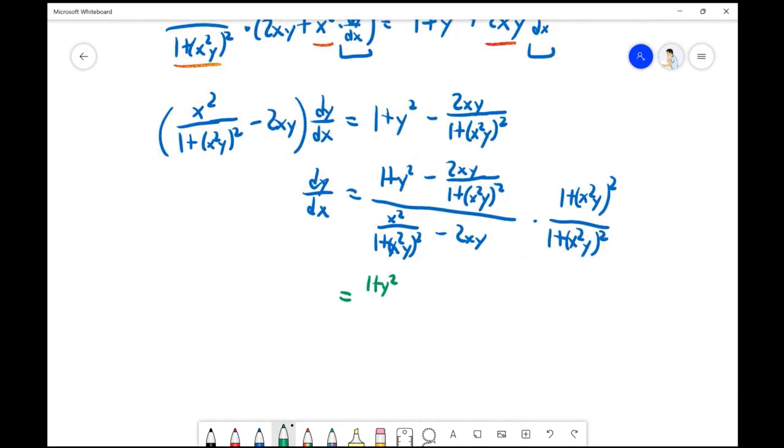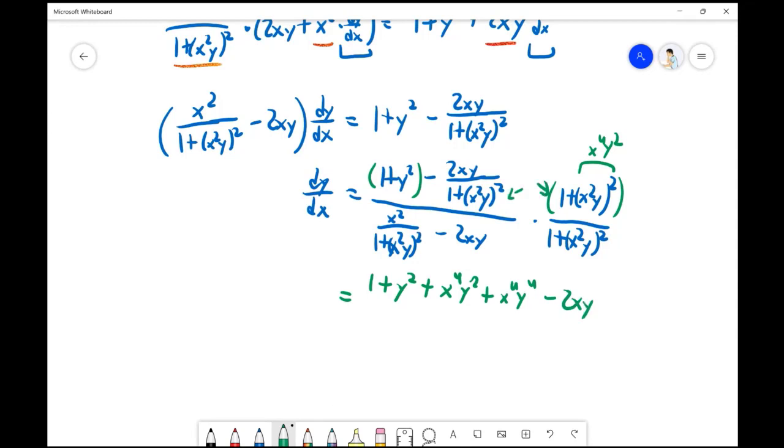Essentially, you would have 1 plus y squared times, I'm just going to distribute it. You can notice that this will FOIL with that, and you're going to get 1 plus y squared plus, I'm also going to turn this into x to the 4th y squared, plus x to the 4th y to the 4th, minus 2xy.